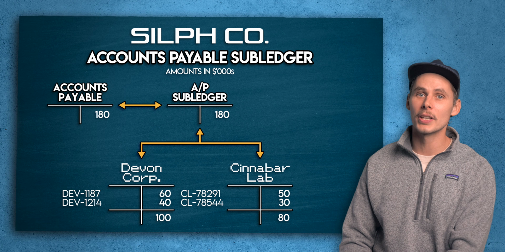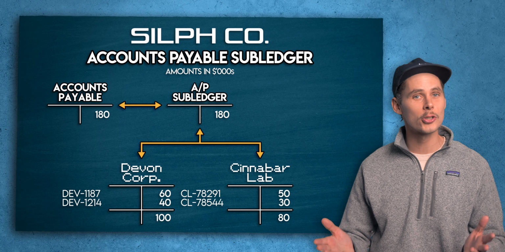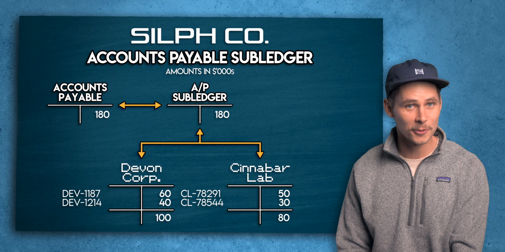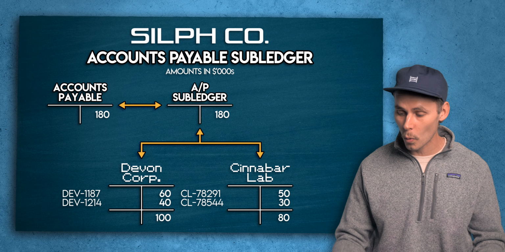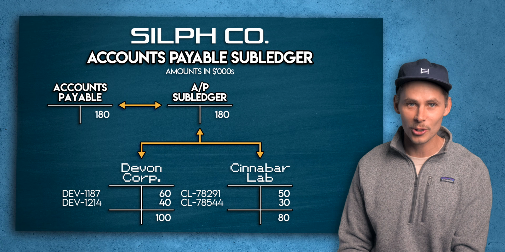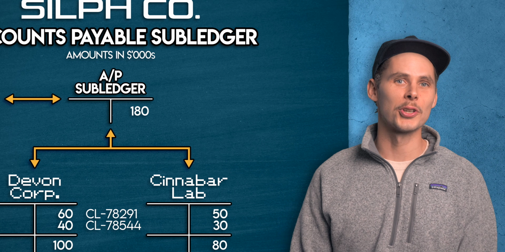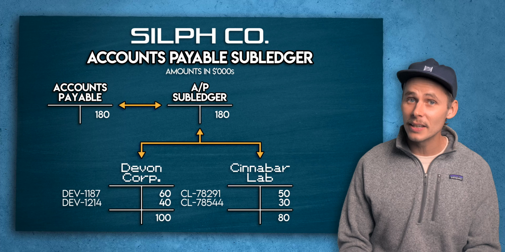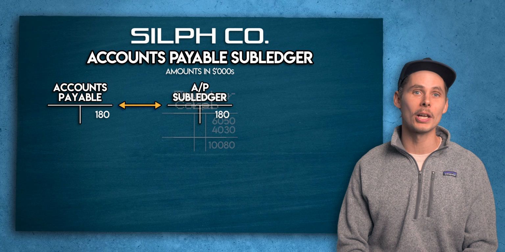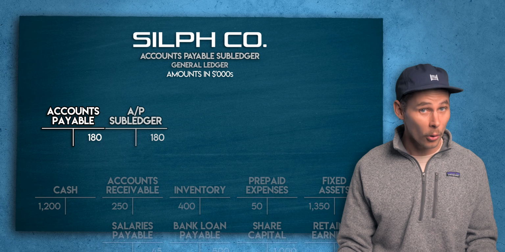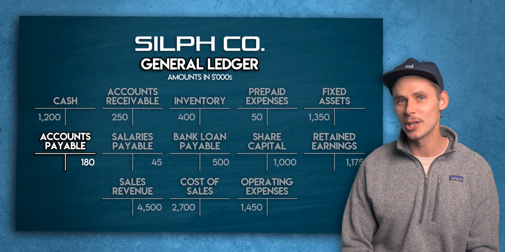Cinnabar Labs balance increases from $50,000 to $80,000. So the subledger total now matches the control account at $180,000. Now the two records agree, and that's exactly what we want to see. We've reconciled the accounts payable subledger with the accounts payable control account in the general ledger.